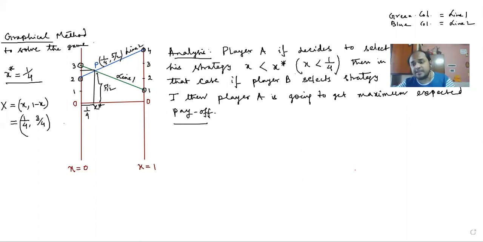So what is player B thinking at this point? This is the thought of player A, which I have written over here. So what is the thought of player B?